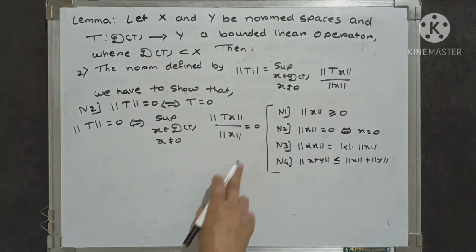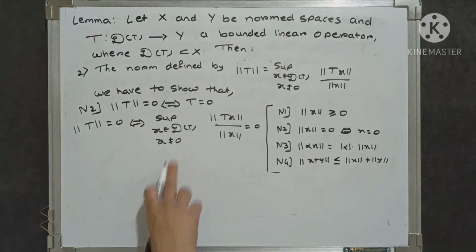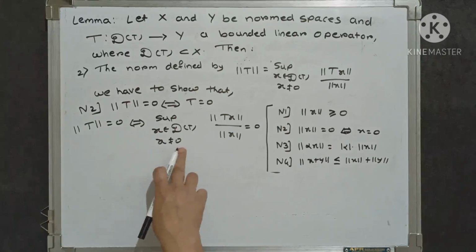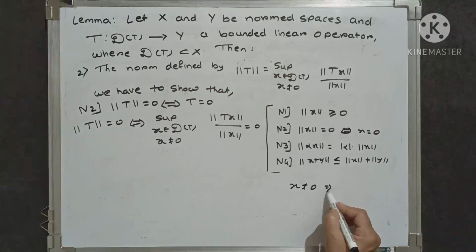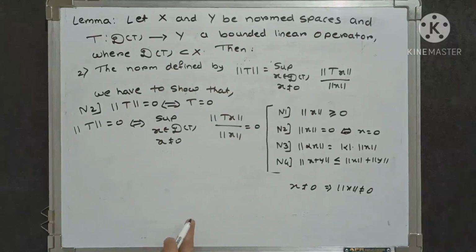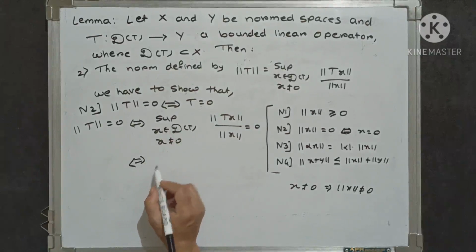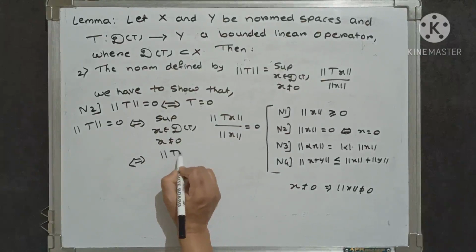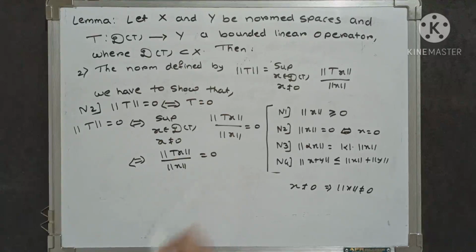Now this supremum equals 0, and in this supremum we know that x is not equal to 0. As x is not equal to 0 implies that norm of x is also not equal to 0. And therefore here, when we say that this supremum equals 0, if and only if the supremum is 0, it is possible only when norm of Tx, each term, must be 0.